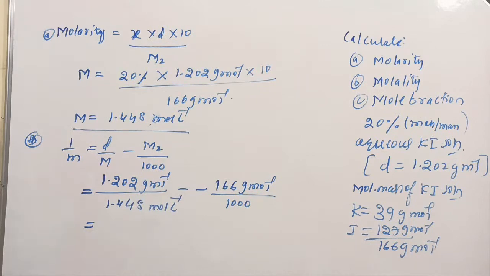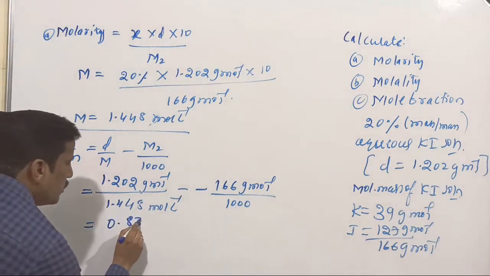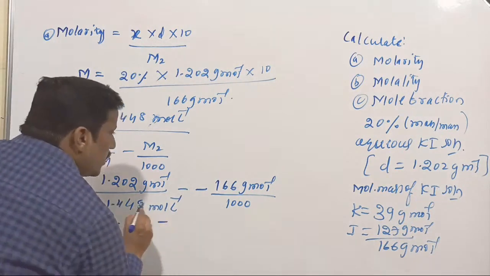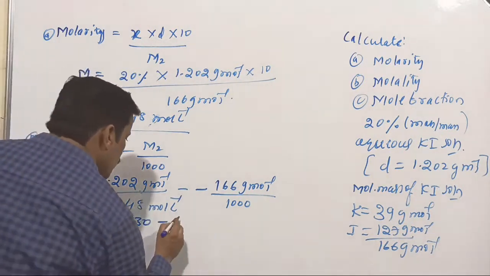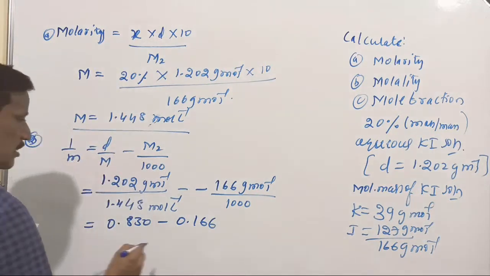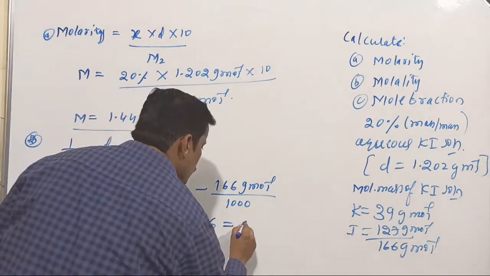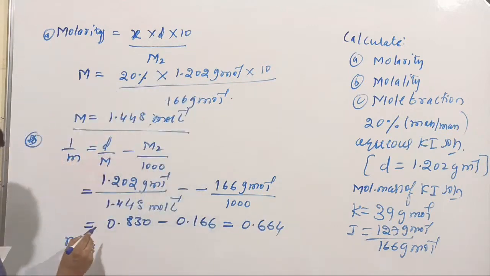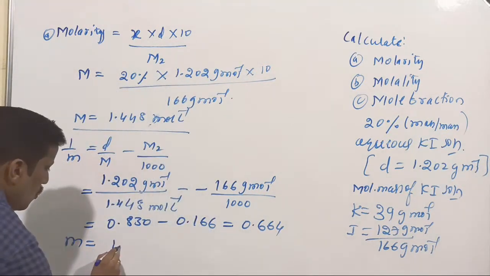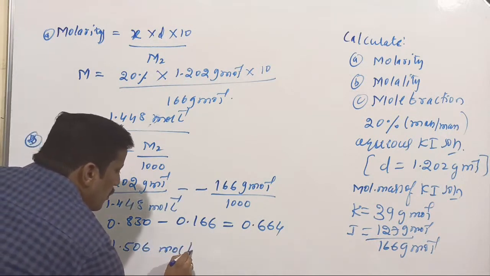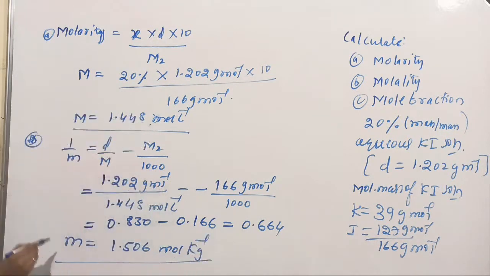1.202 divided by 1.448 is 0.830. 0.830 minus 166 by 1000, that is 0.166. Okay, if you solve that, you will get 1 by m is equal to 0.664, then m is equal to 1.506 mole per kg.